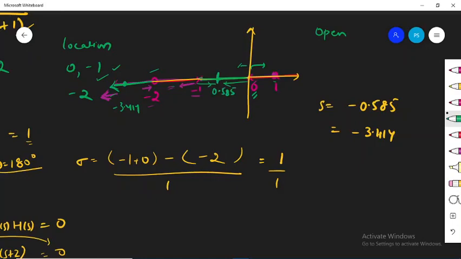From here, these two will break away. But how are they going to break away? One will move from here and another will move towards here. Why only this type of trajectory?